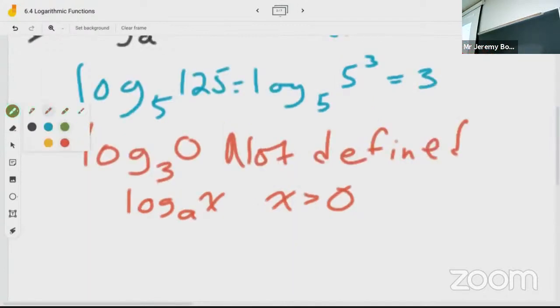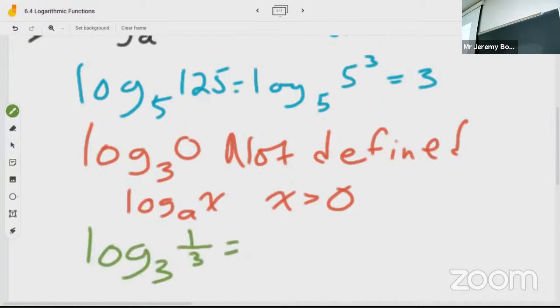And let's stick with 3. It's going to be log base 3 of 1/3. Can we do that first off? And if we can, what's going to be the answer?